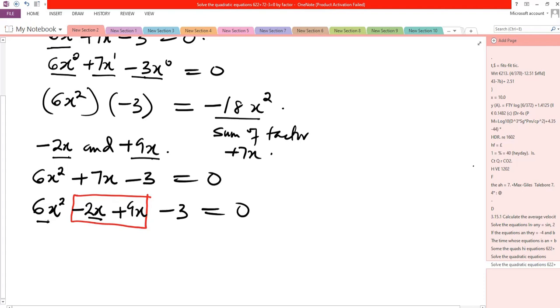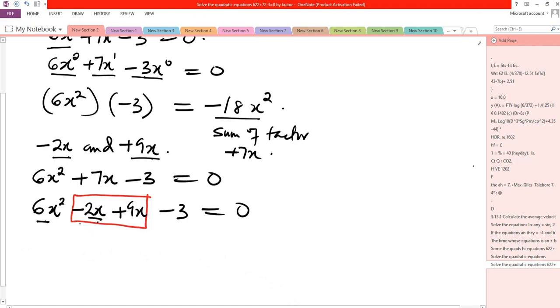The common factor in 6x squared and 2x is 2x. Let me make it simpler for a layman to understand.